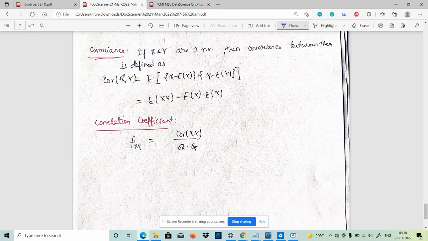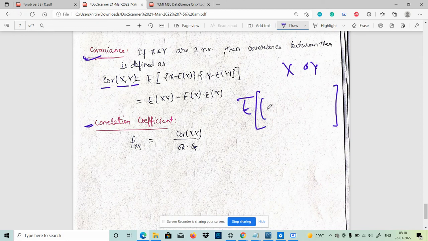So, just a little introduction of covariance and correlation coefficient. If you have two random variables x and y, the covariance between x and y is written as COV of x comma y. This has not been asked, but just know the definition. Covariance of x comma y is defined as the expectation of x minus expectation of x, multiplied by y minus expectation of y.